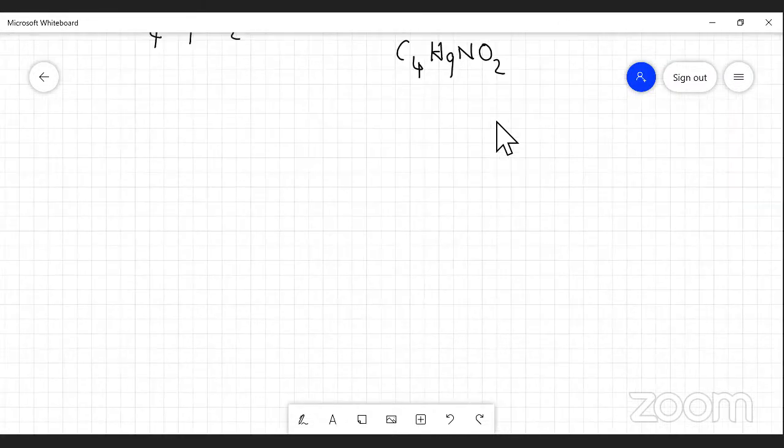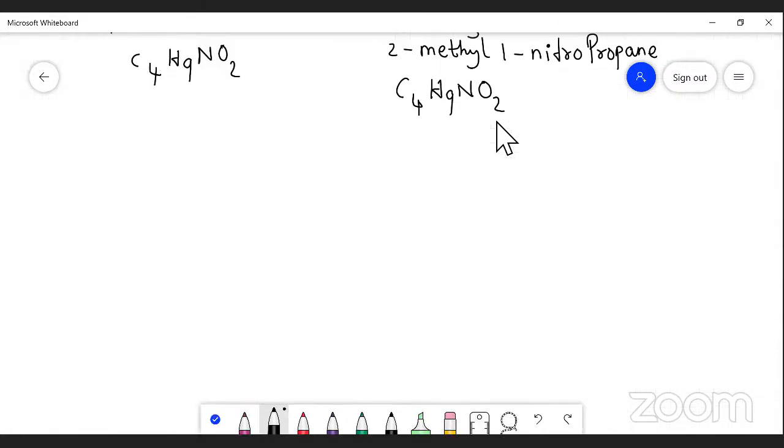And next, we can see the second isomerism. The second isomerism is position isomerism. What is the name of the isomerism? Position isomerism. So what is position isomerism?